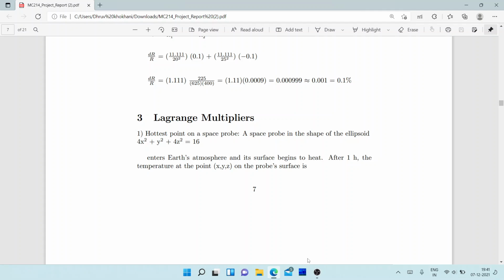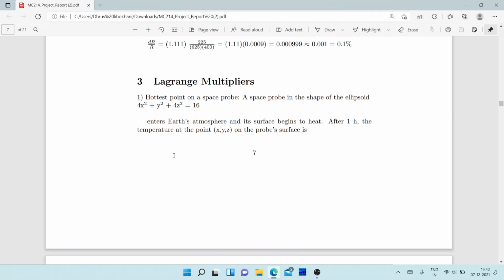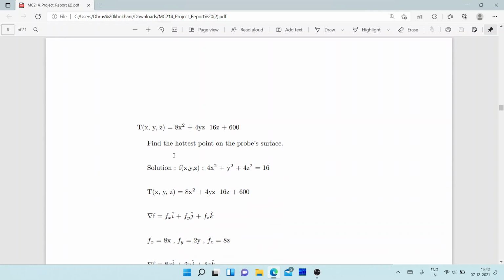In this problem, we have to find the hottest point on a space probe, which is in the shape of an ellipsoid. The equation of the probe is given as 4x squared plus y squared plus 4z squared equals 16, and the temperature on the surface of the probe is given as 8x squared plus 4yz minus 60z plus 600.